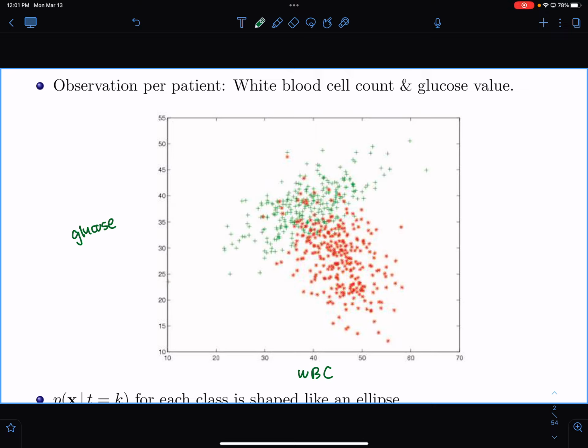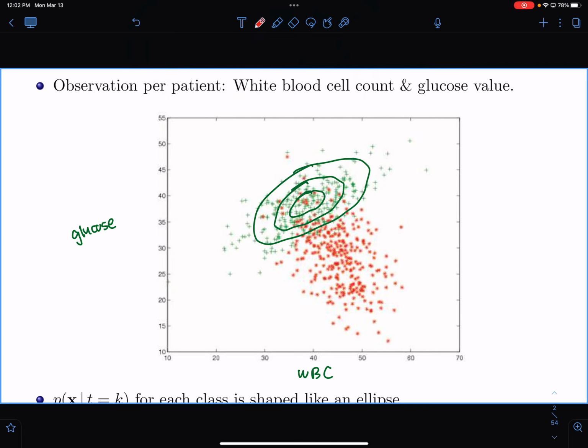So in the previous setups, like for logistic regression, we would just try to find the decision boundary directly. What we're going to do now in this lecture is try to model the distributions over the two data sets. So perhaps the mean of the green points is somewhere here. We can estimate the contours of the green plot.